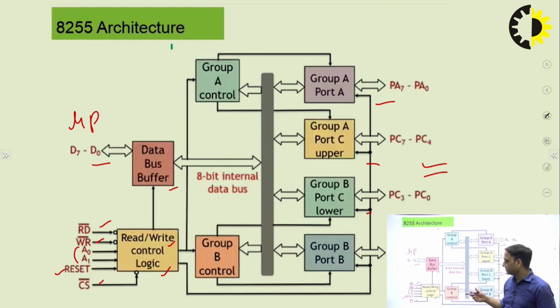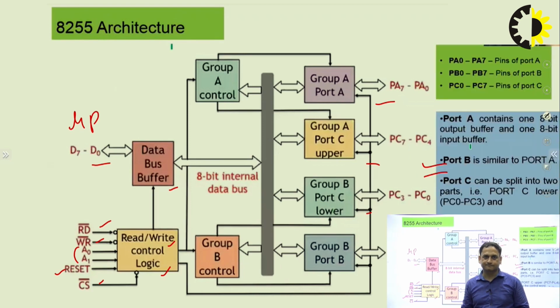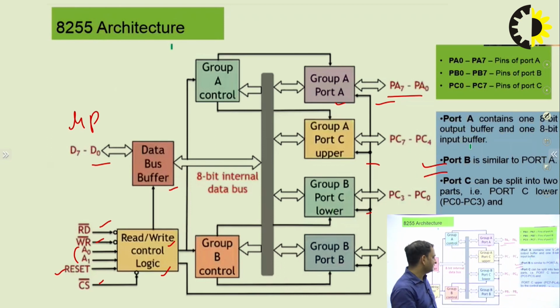So if A1 A0 is 0 0, then port A will be selected. If it is 0 1, port B will be selected. If it is 1 0, then port C will be selected. If it is 1 1, then the command word register will be selected. Then port A will be PA0 to PA7, port B will be PB0 to PB7, and port C will be PC.